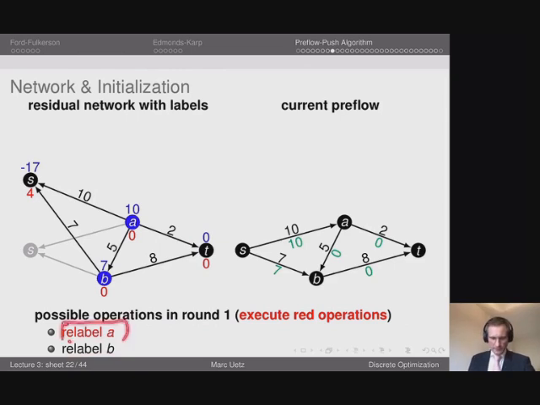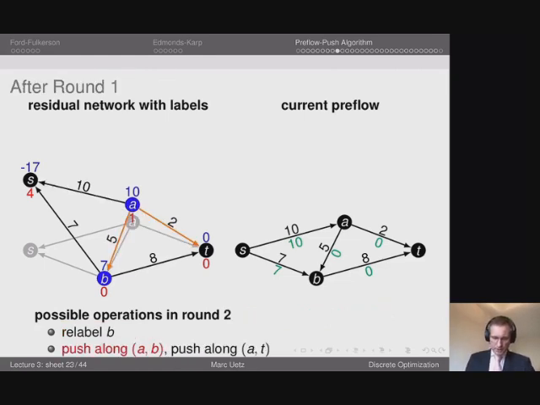And for the next slide, relabel A is the operation that we actually perform. All right, so let's do that. So that means we are hanging A a little bit higher, 1 unit higher. And that suddenly makes these two edges eligible edges, and therefore they are orange. Now, what are the possible operations that the algorithm might perform in the second round, well, there are 2 active nodes.